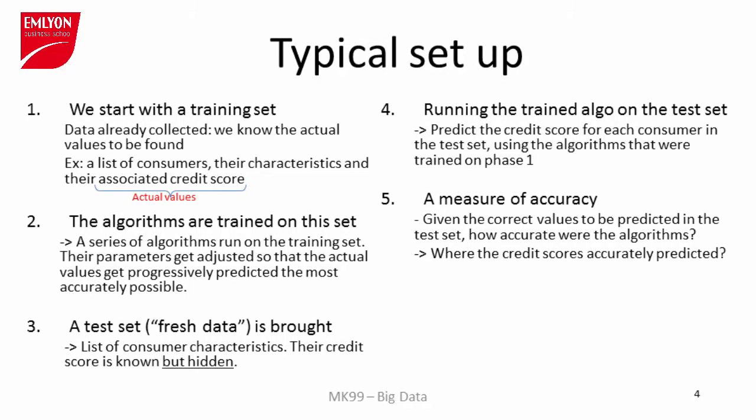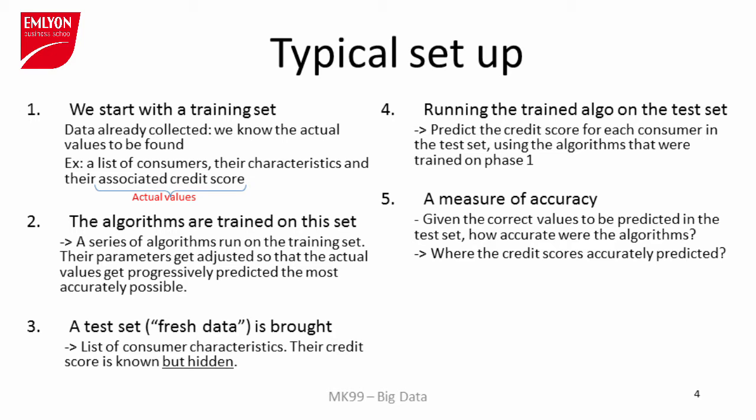So what does it look like to do machine learning? There is a very standard way of using machine learning that you find in every kind of context. First, as a data scientist, you are given a training data set, or training set. That is data that was collected in the past.